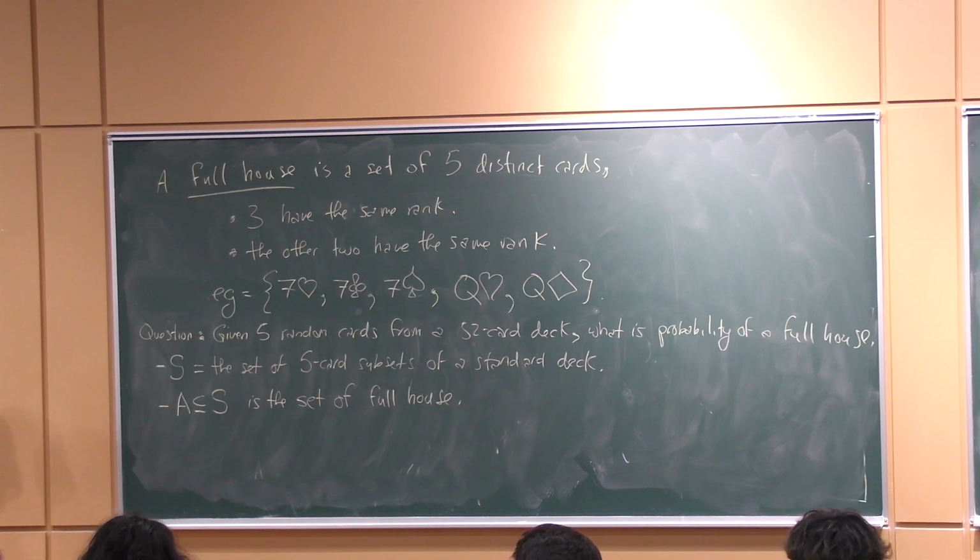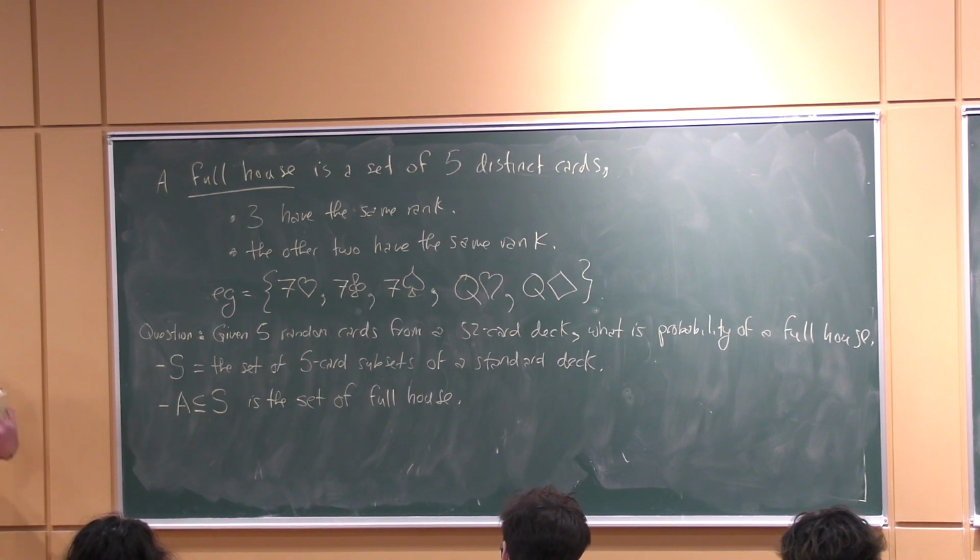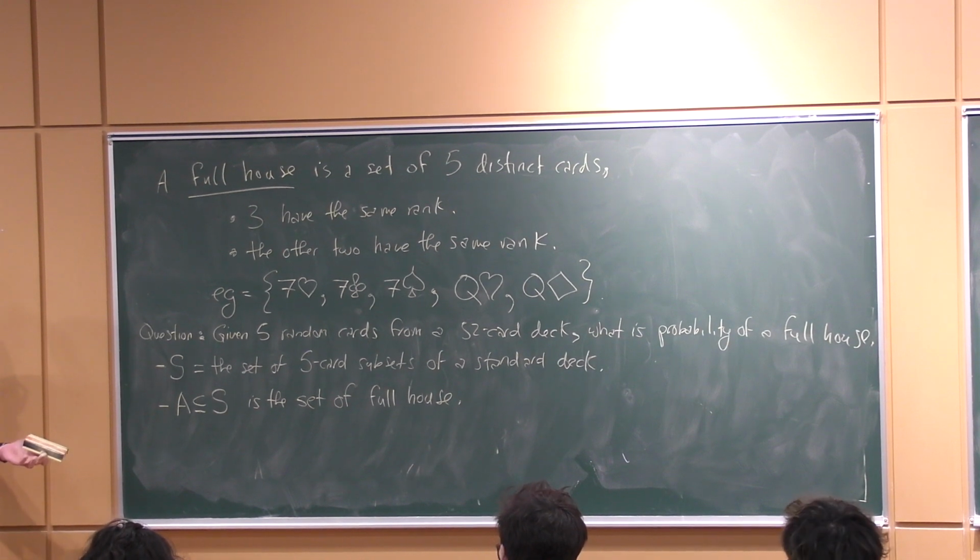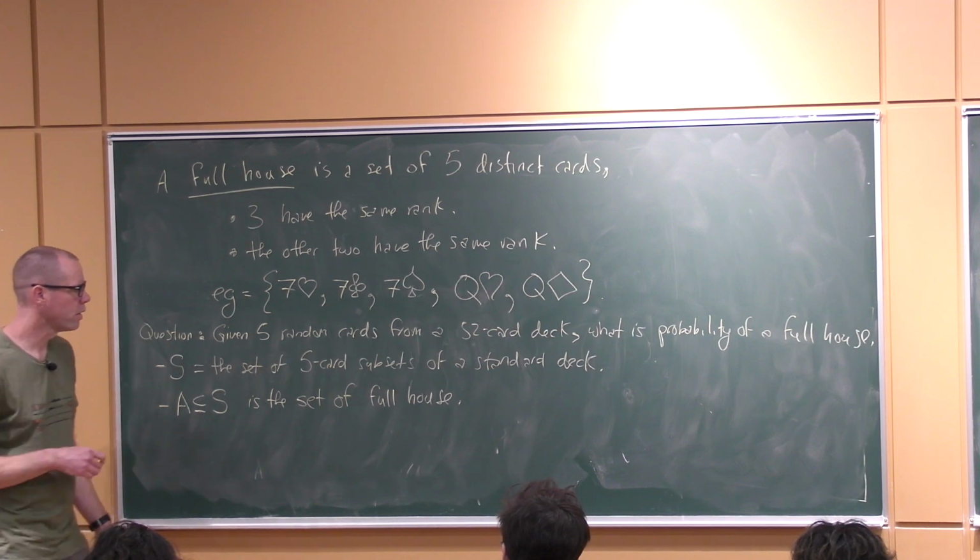And we're going to assume that if all the shuffling is done fairly and perfectly, there's no reason we should get any particular set of 5 cards is more likely than any other subset of 5 cards.